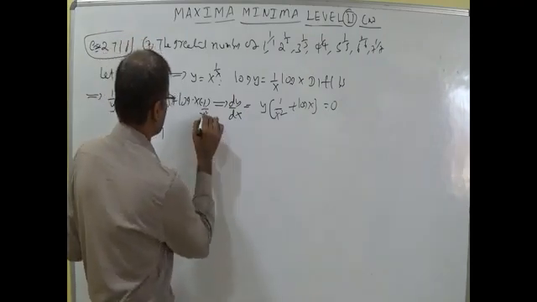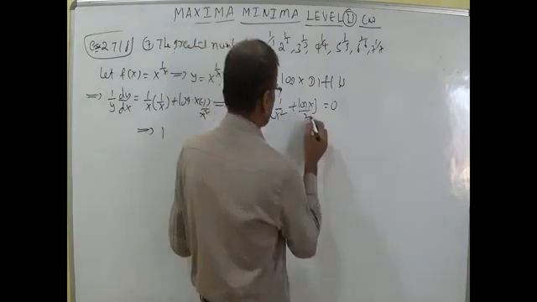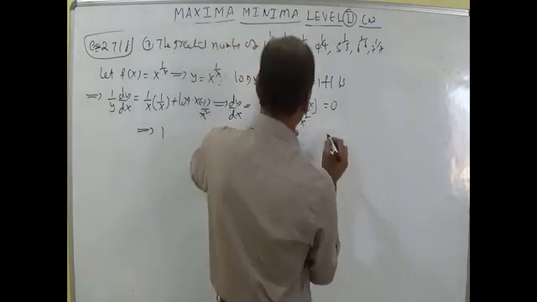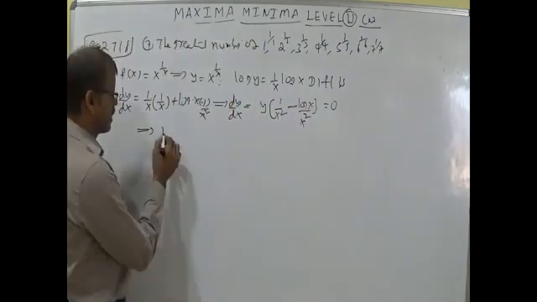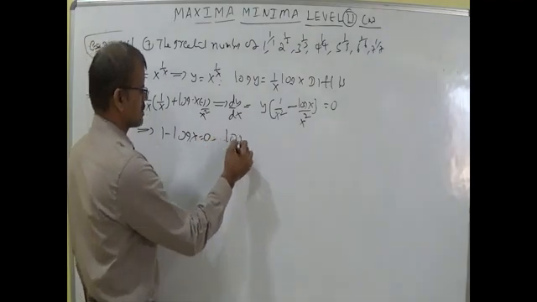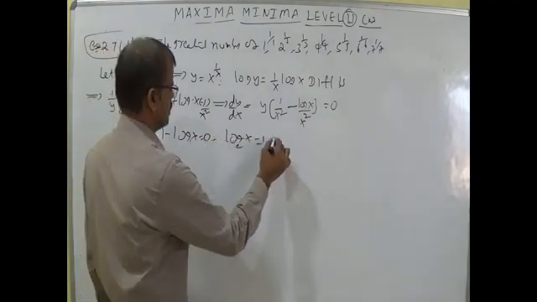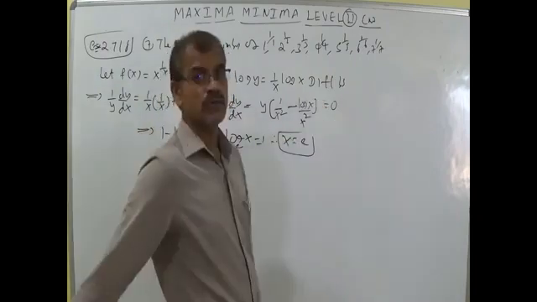Minus 1 by x square also taken common, students. You can write 1 minus log x equal to 0. And log x is equal to 1 to the base e, therefore x is equal to e.